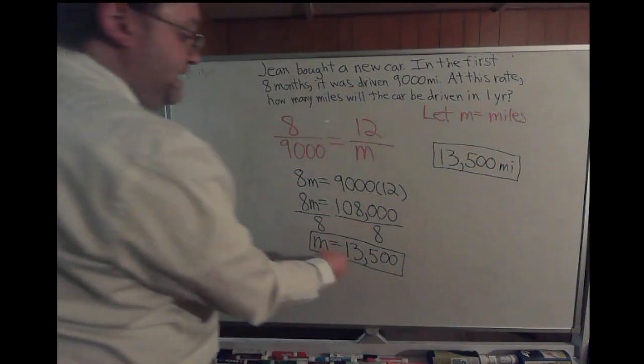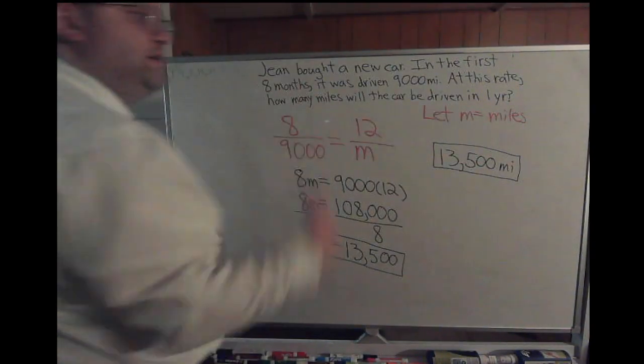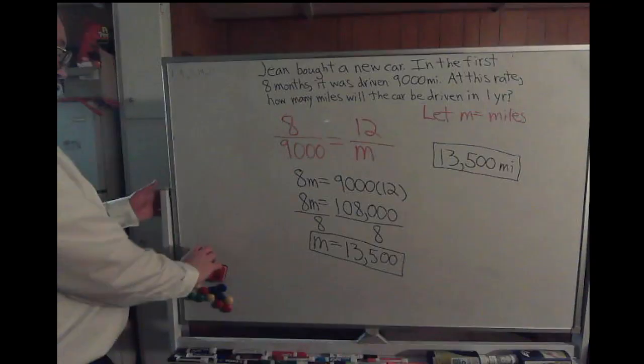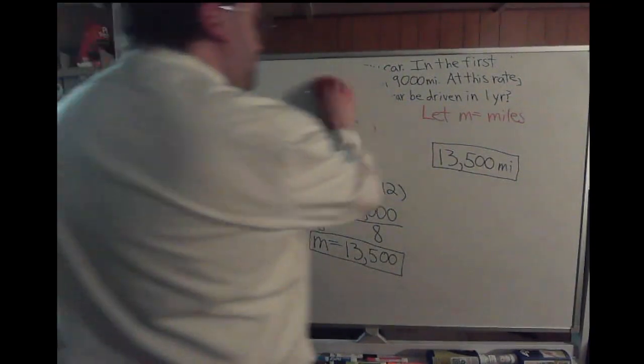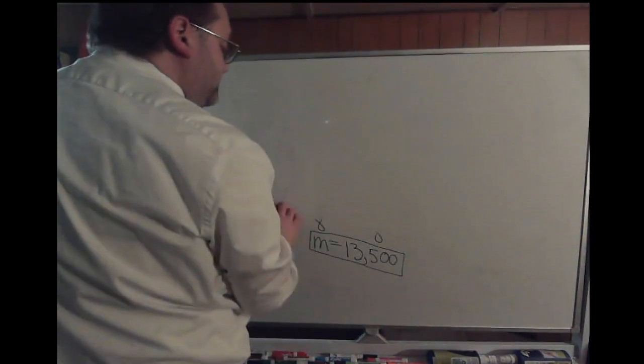We found M miles to be 13,500 miles after a year. So if you can understand what the problem is asking for and set up your ratios and make a proportion problem out of it, and then just take the cross product and solve for the variable, you'll get your answer. So that's really all there is to doing these word problems, these applications of proportions.